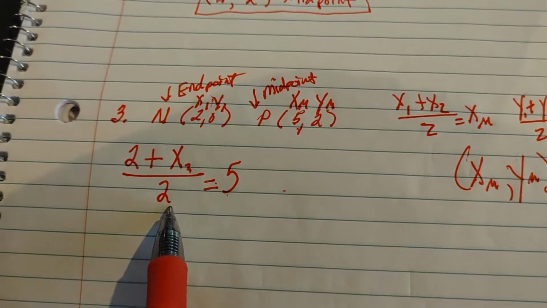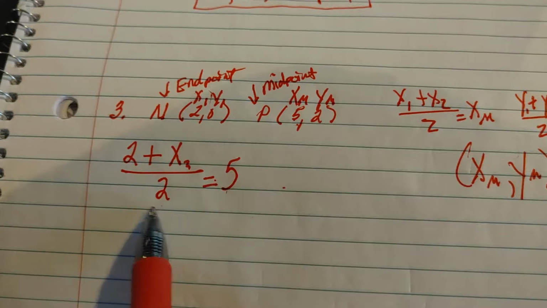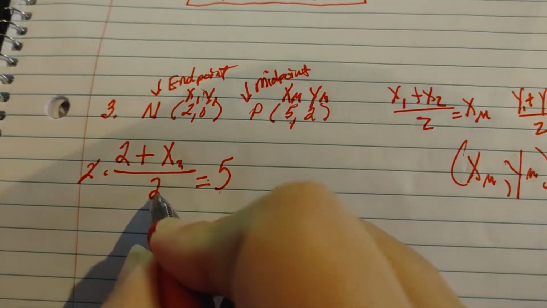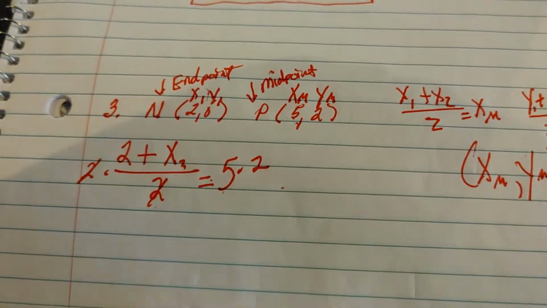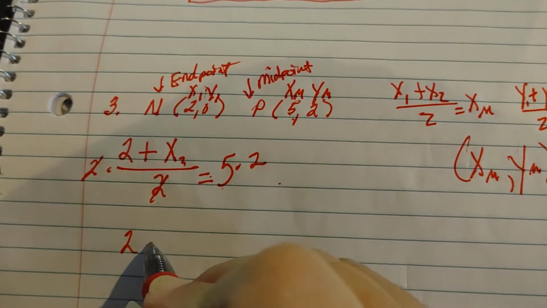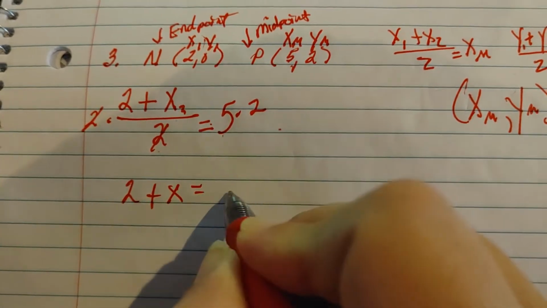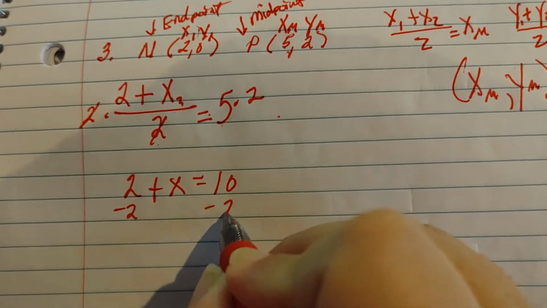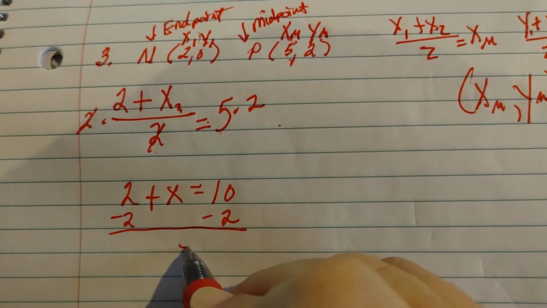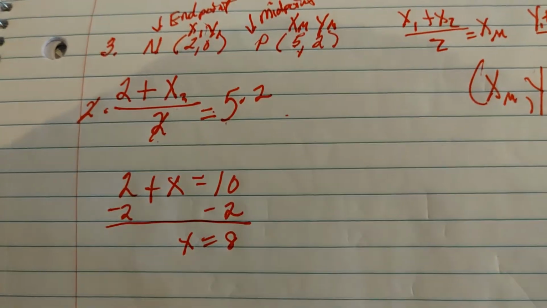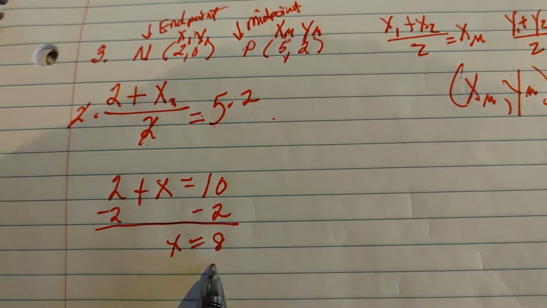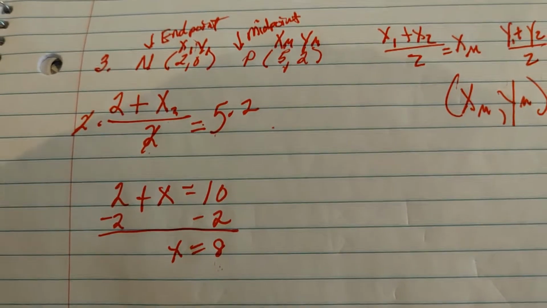So we're going to take the 2 and multiply both sides of the equal sign so that we can cancel the 2. And we're going to have 2 plus x is equal to 10. And then you're going to subtract 2. We're going to have x is equal to 8. So the other endpoint that's missing is going to have an x of 8.